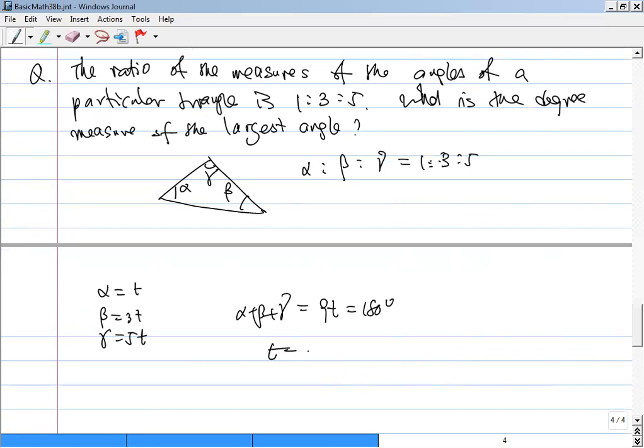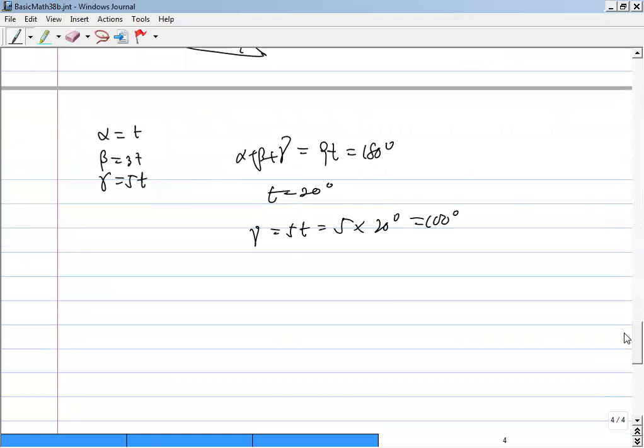So t is going to be 20 degrees. Then the largest one is gamma, 5t, 5 times 20 degrees, 100 degrees. Okay, so this should be the correct way to do the problem.